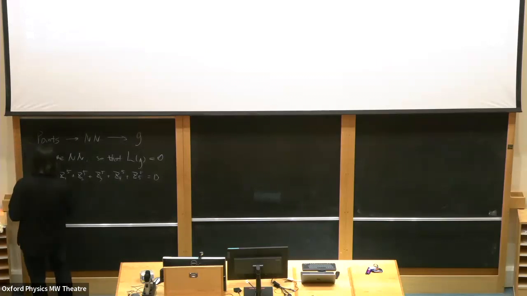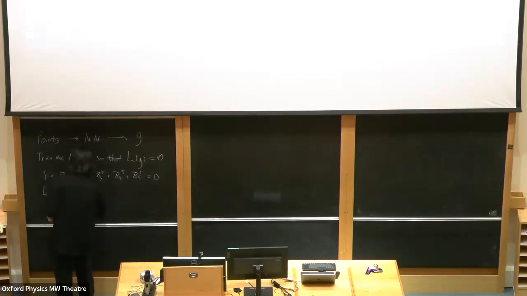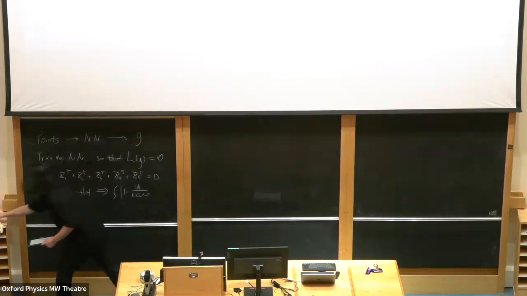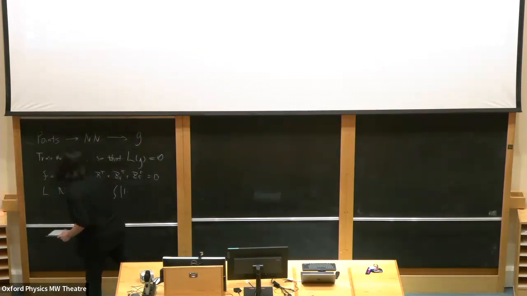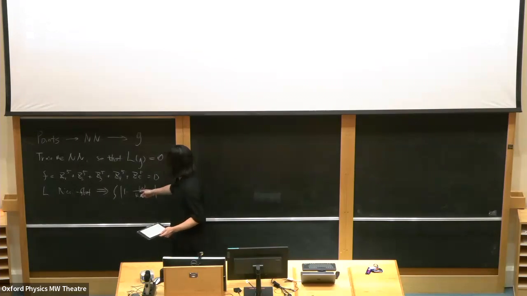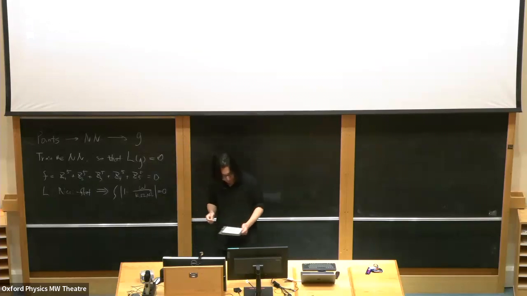L is the Ricci flatness, which is equivalent to the integral of 1 minus (1 over kappa) omega omega bar. It basically means that on this hypersurface, at every single point, those 2 volume forms should match up to a constant kappa.